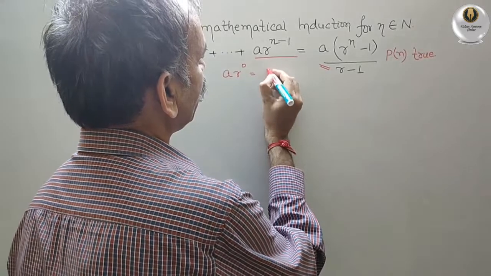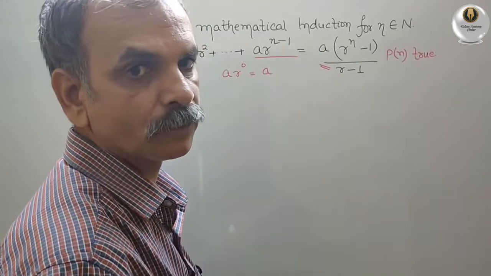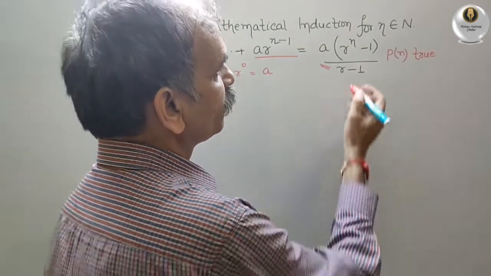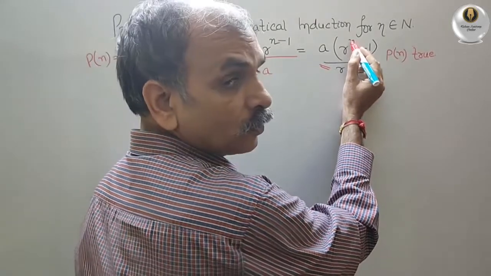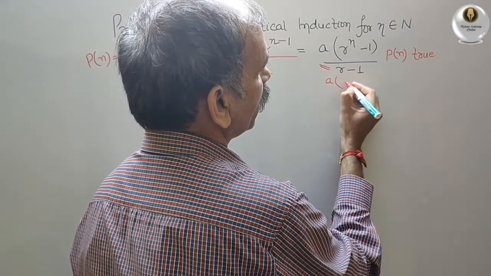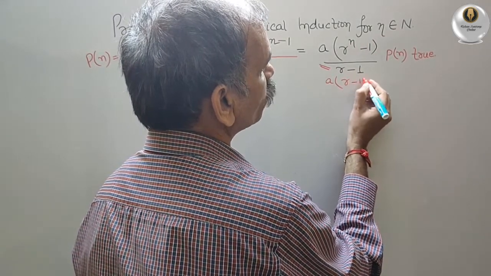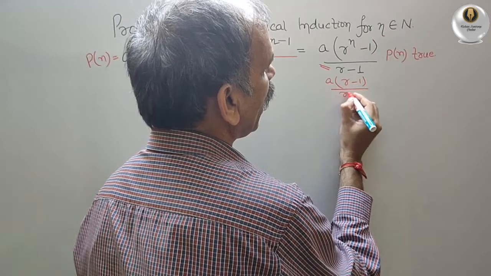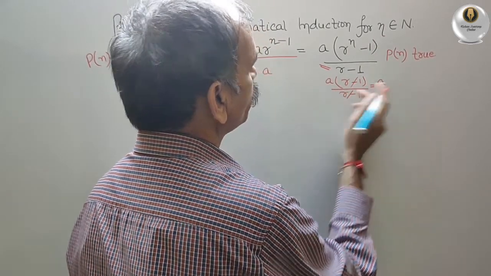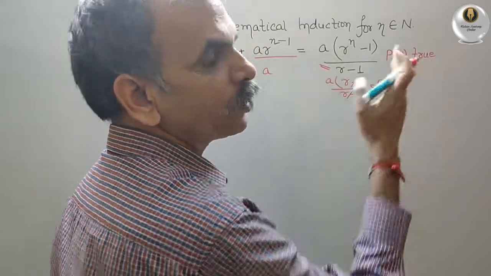That means you will get a here. And here what you will get? See this, this is 1, sorry. So here it will be a (r minus 1) by r minus 1. This and this gone. That is equal to a. So now we can say Pn is true.